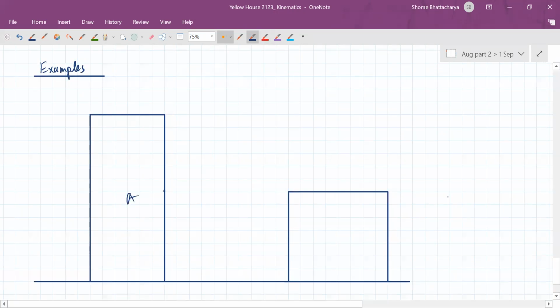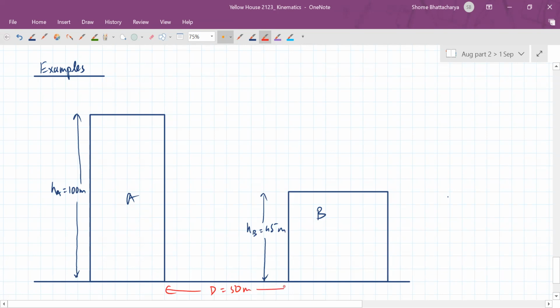So there are two buildings like this. Building A is of height 100 meters, and building B is of height 45 meters. Also, the gap between the two is given as 50 meters.